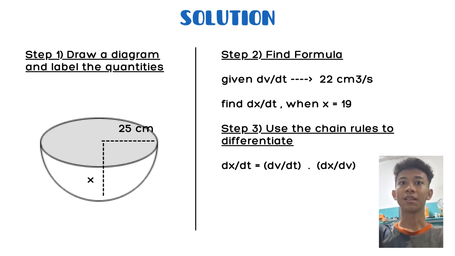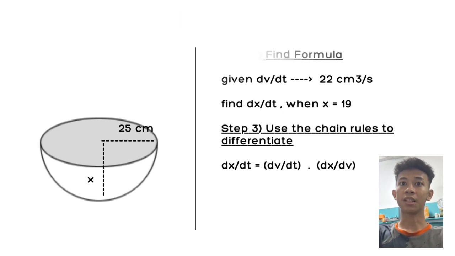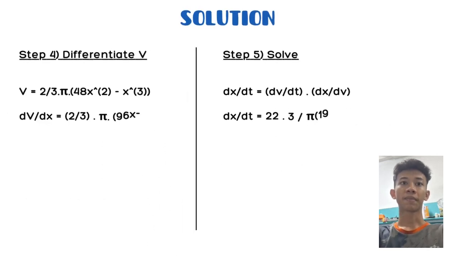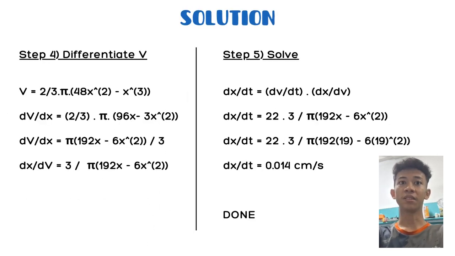Step 3. Use the chain rule to differentiate. dx over dt equals dV over dt times dx over dV.